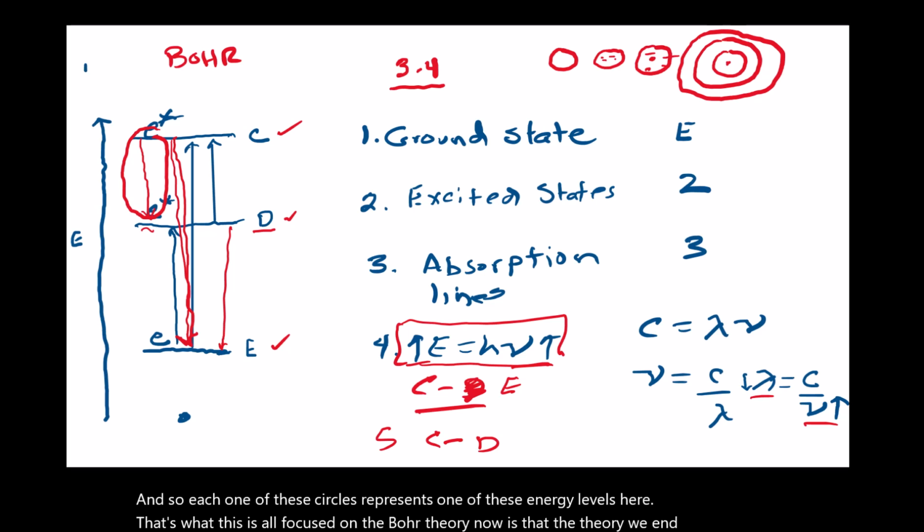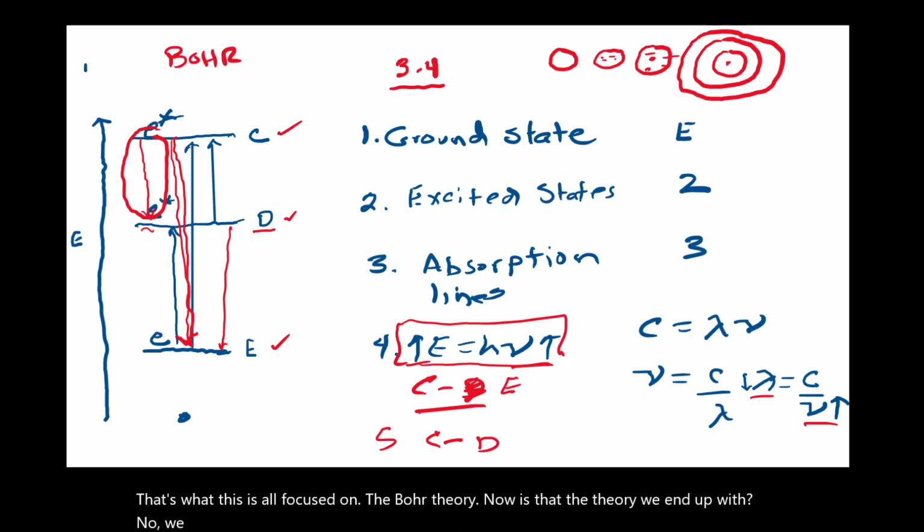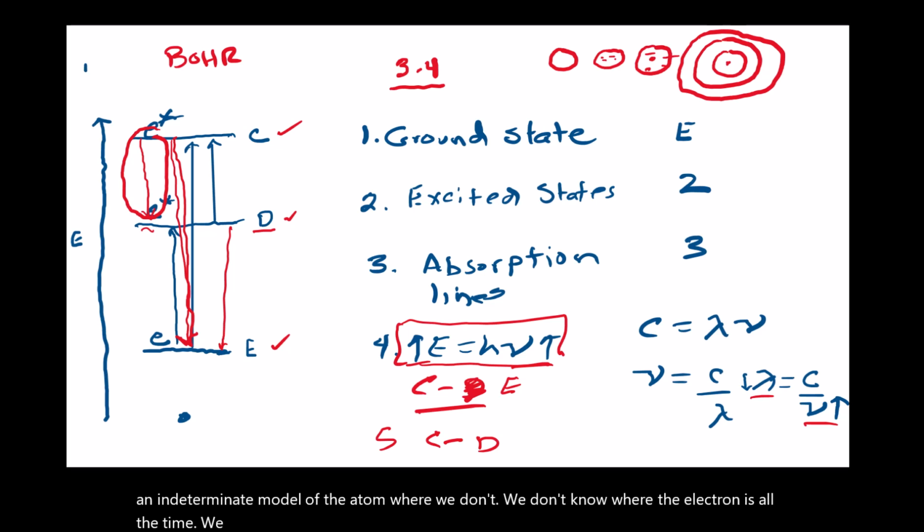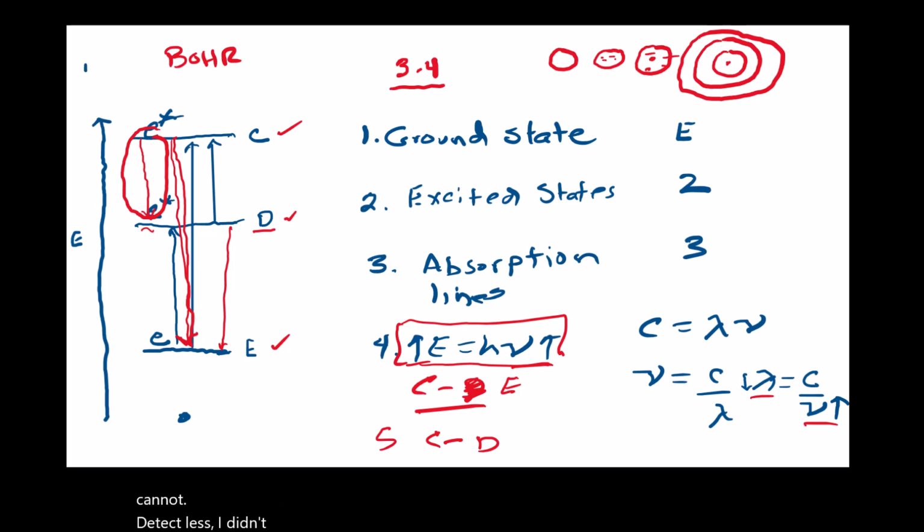No. We find out through de Broglie, Heisenberg, and Schrodinger that we go to an indeterminate model of the atom where we don't know where the electron is all the time. We cannot detect position and momentum, which is mass times velocity, at the same time.